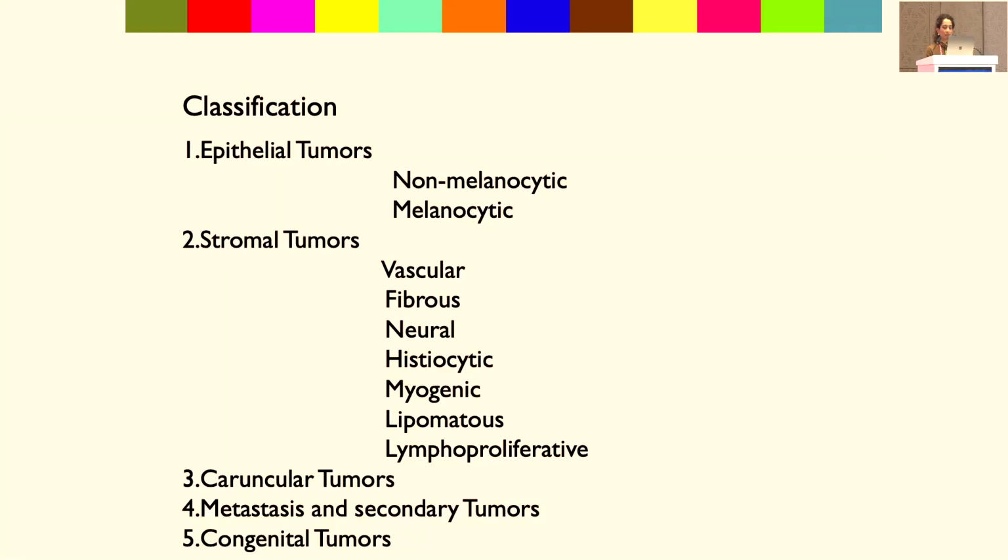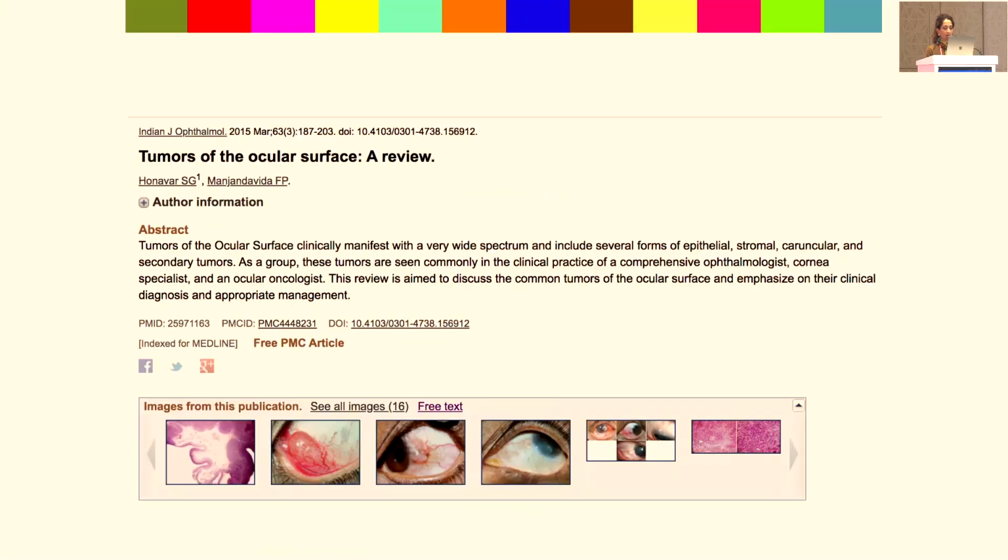Stromal tumors can be vascular, fibrous, histiocytic, myogenic, lipomatous, and lymphoproliferative, depending upon where they arise from anatomically. Then we have a very important location in the eye, the caruncle, which has all the structures: squamous epithelium, sebaceous glands, and hair follicles, and there are particular tumors, although rare, that arise from the caruncle. Then there are metastasis, secondary tumors, and congenital tumors.